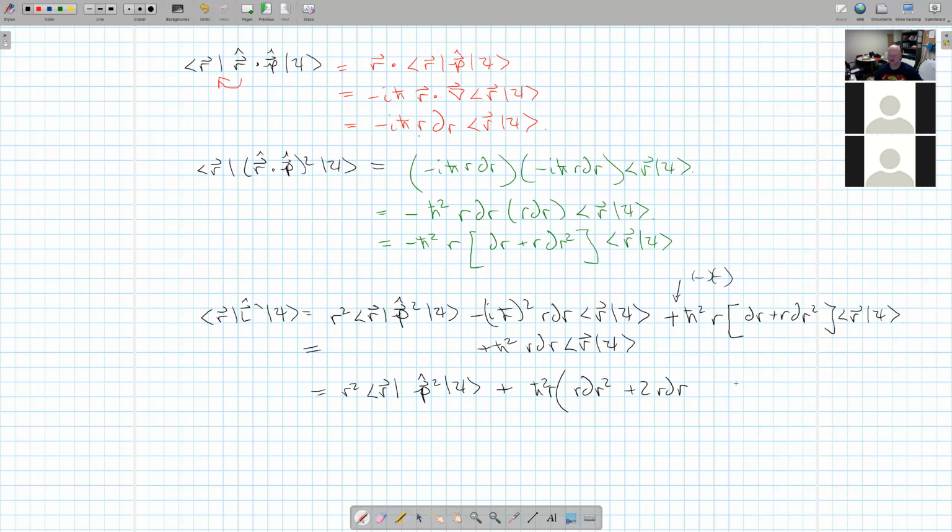Pull my r out front. Okay, so let me put this r. That's okay. Let me get rid of this r here. Trying to keep track of all these terms. This should be an r squared. There we go. 2r. Good. Times then r psi. Okay.